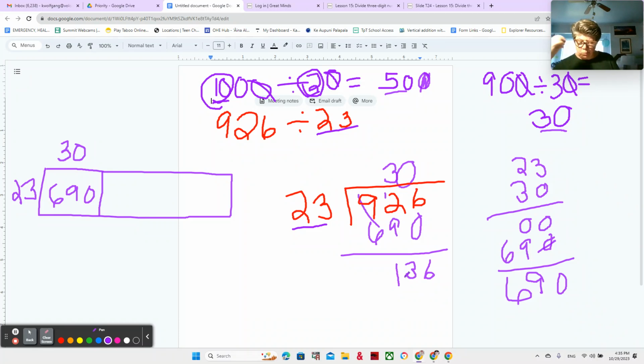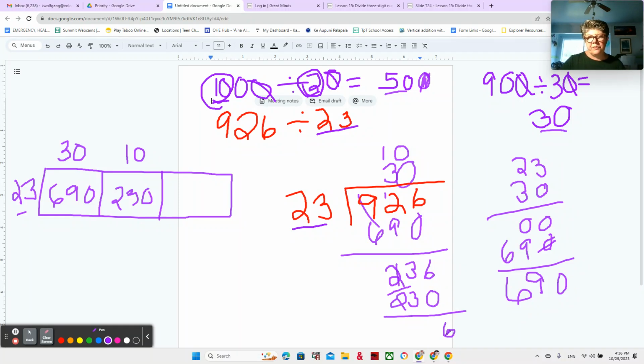I made a mistake there. Sorry. This is an 8 minus 6. This should be 236. That's a little bit better. Okay. Ooh, look at that. 236, 23. So we could do 10, right? It's not going to be completely done, but 10 times 23 is 230, right? Okay, and then since I'm doing partial quotients with my vertical model, I have 230 there, and that leaves me a remainder of 6.